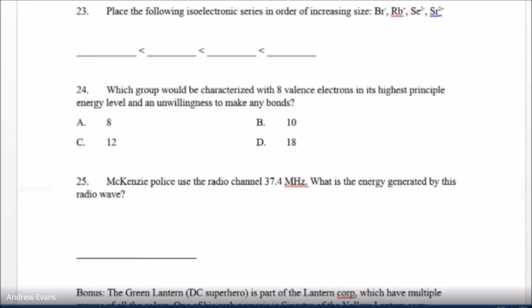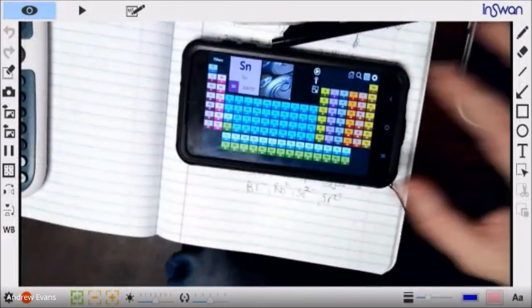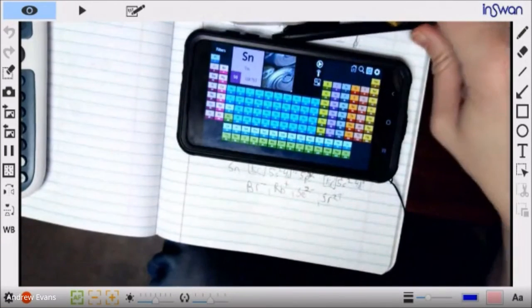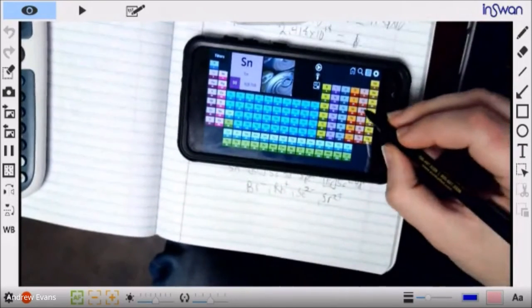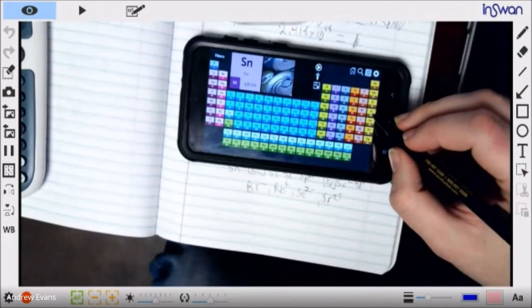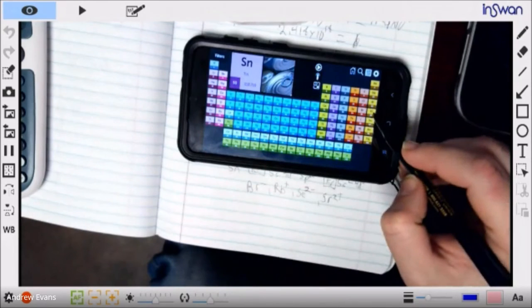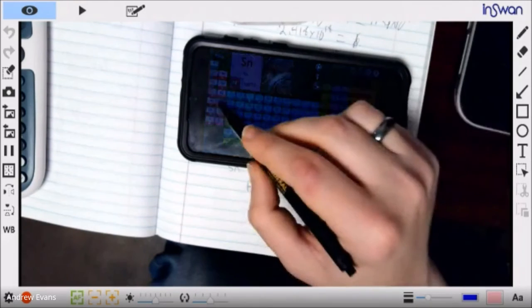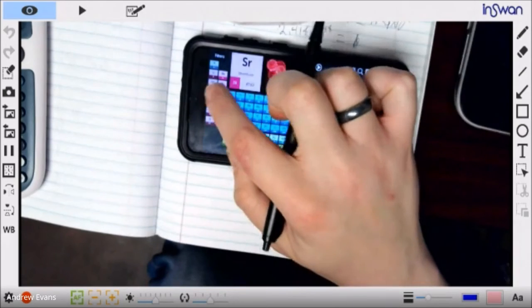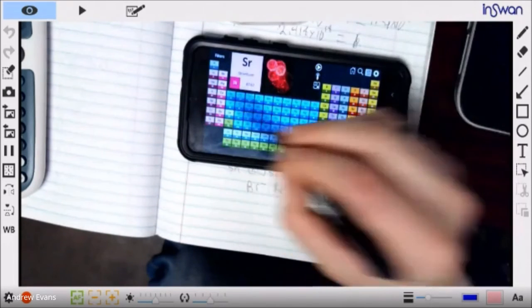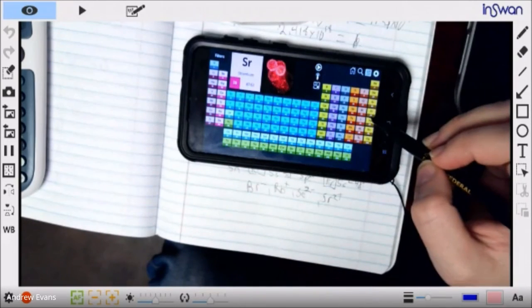So let's look. Bromine 1 minus is going to be like krypton. Rubidium plus 1 is going to be like krypton. Strontium 2 plus is going to be like krypton. Selenium 2 minus is going to be like krypton.